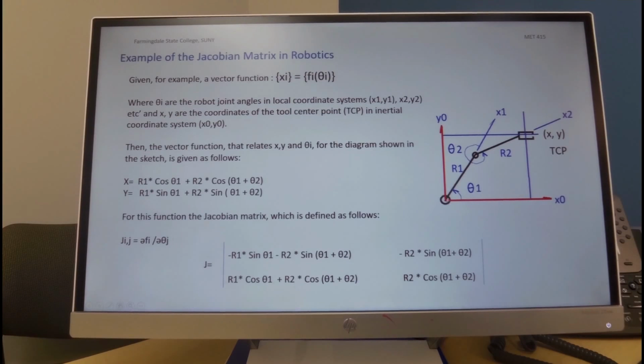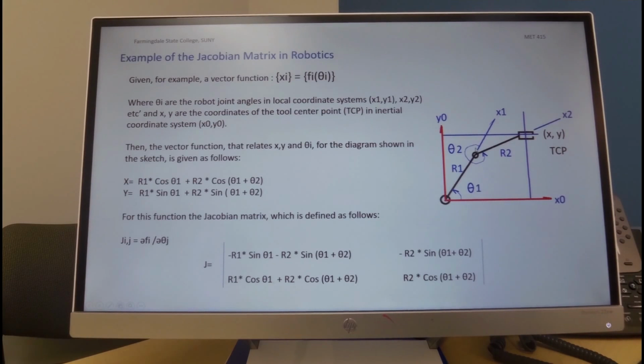X, as you can see here, is equal to r1 times cosine theta 1 plus r2 times cosine of theta 1 plus theta 2. It's a little difficult to see, but the angle is the angle between this horizontal line and the link line, and it is the sum of the two.